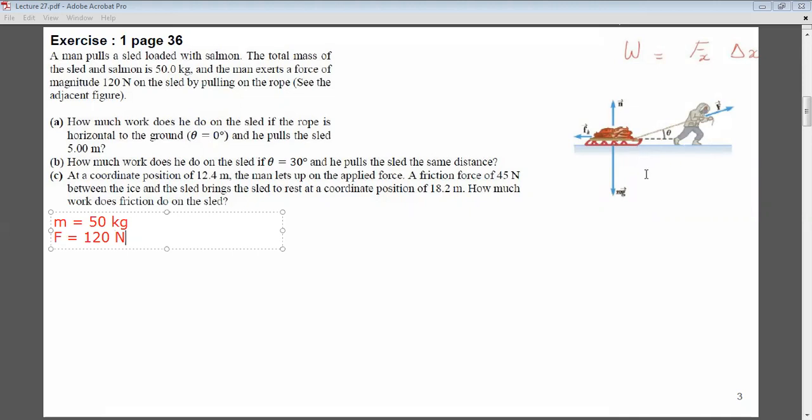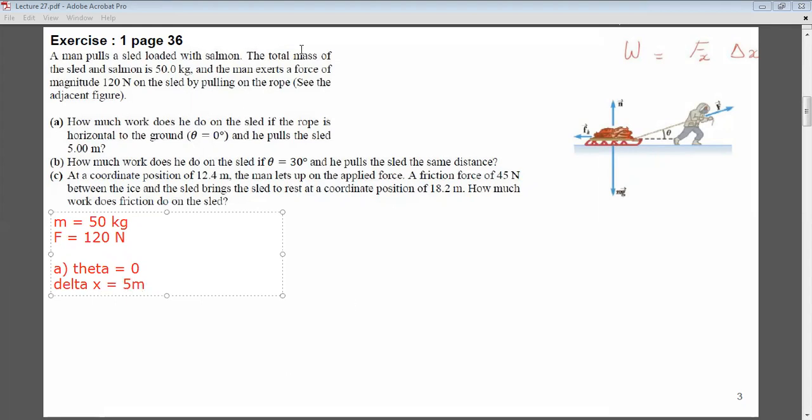The drawing here tells the story. Part A. How much work does he do on the sled if the rope is horizontal to the ground, theta equal to 0, and he pulls the sled 5 meters. So here theta is 0, and delta x is 5 meters.